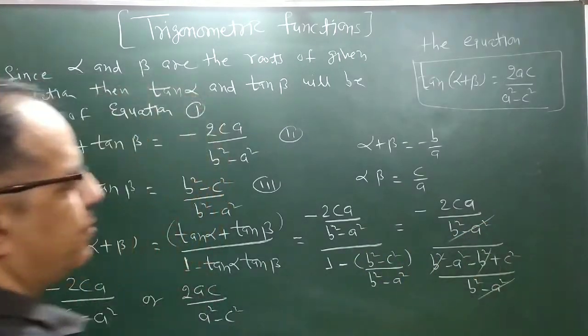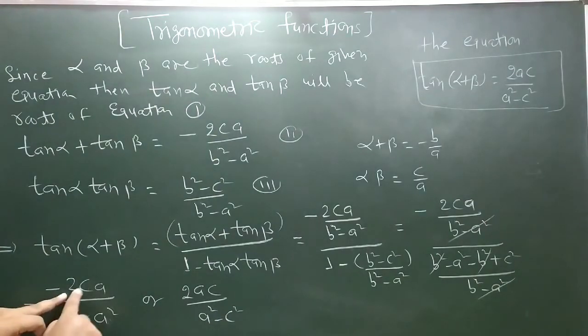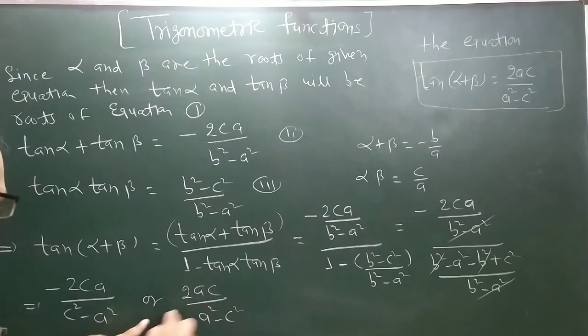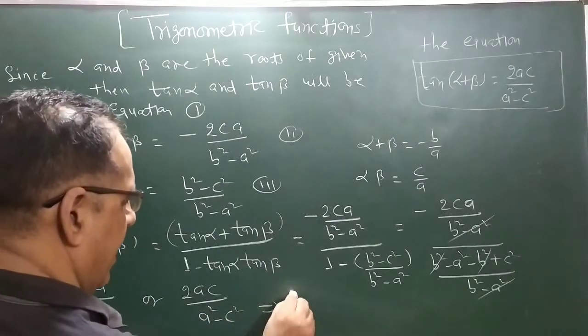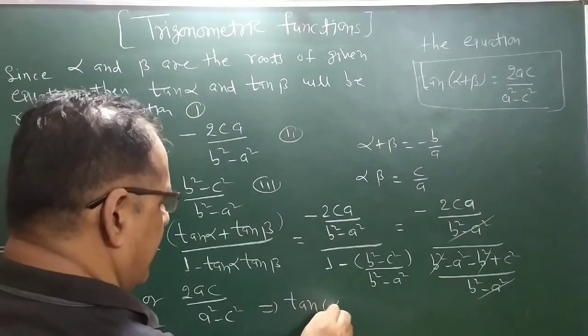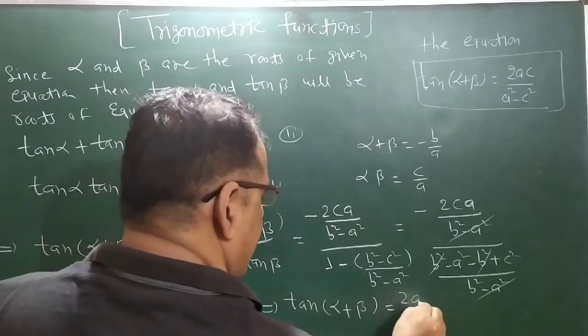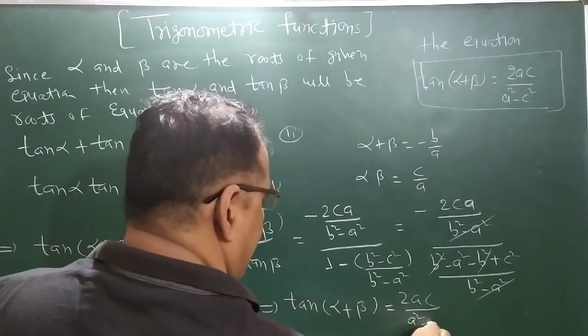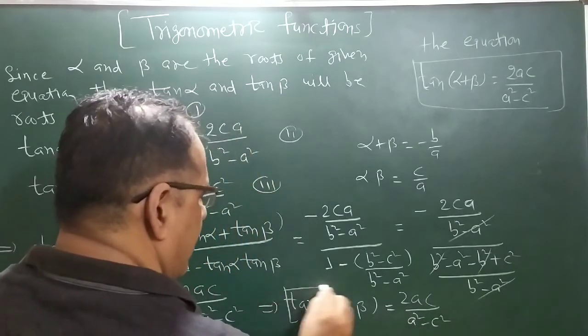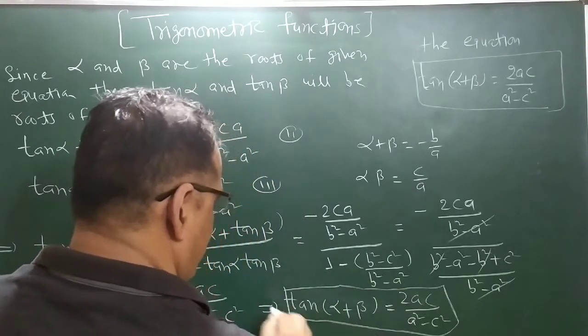Denominator cancels out. So we have minus 2ca upon c square minus a square, or this can be written after taking common from the denominator. So finally we have tan alpha plus beta is equal to 2ac upon a square minus c square. So this is the final proof of this question.